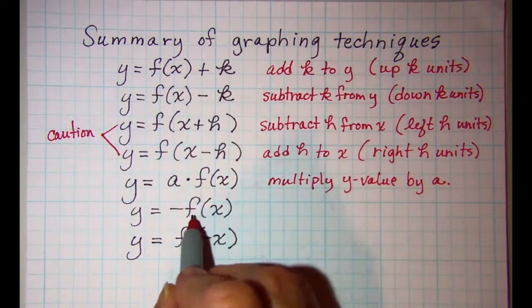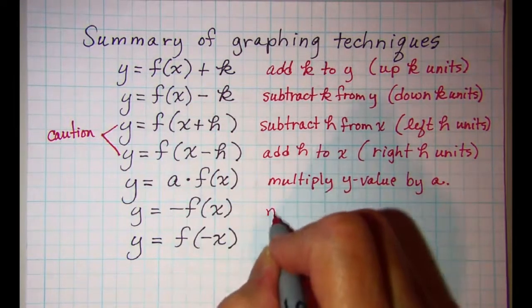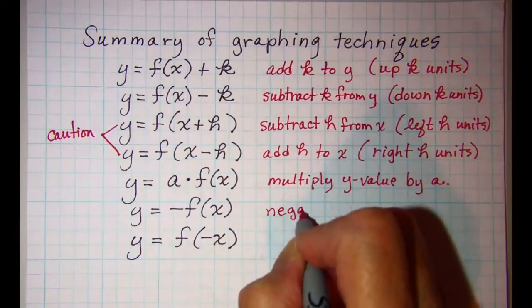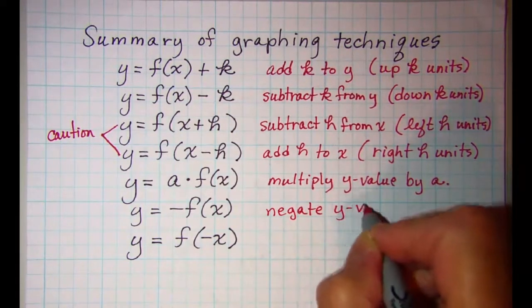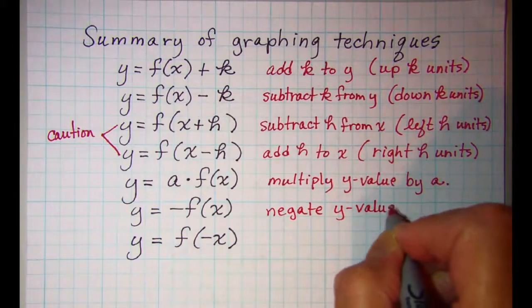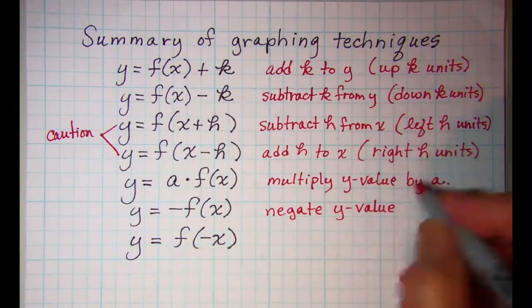Now in this one, we're going to negate the y value, which would reflect across the x-axis.